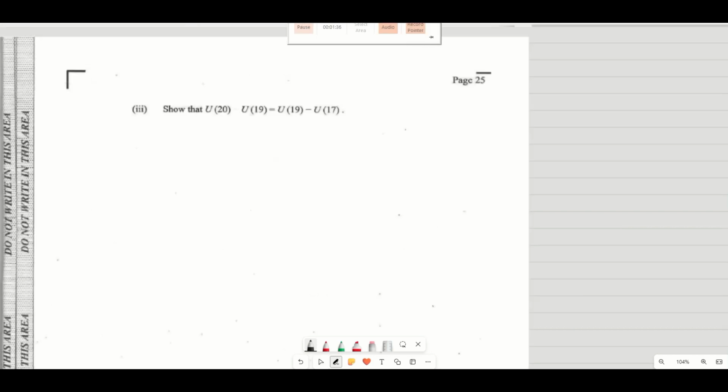Part 3 says, show that u20 minus u19 is equal to u19 minus u17. We already know from above that u20 is equal to u18 plus u19. If we remember, we just now said that u20 was that.